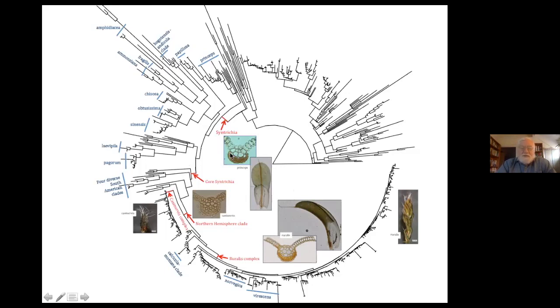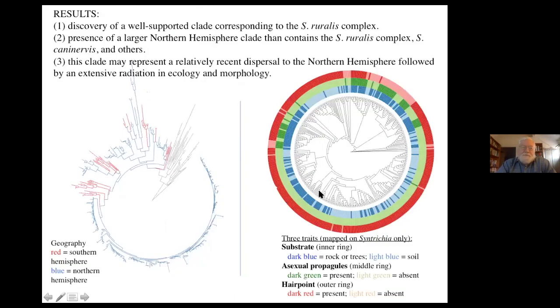But this just shows you some of the traits that we think have evolved in the different groups. And then one more slide: when you have a phylogeny, you can start to map on traits and biogeography and try to understand what's happened in evolution.